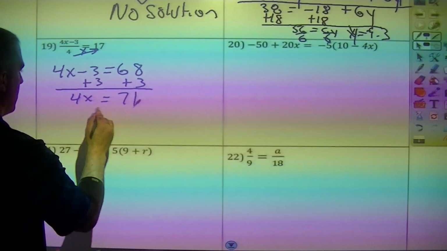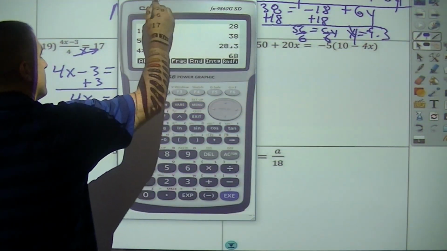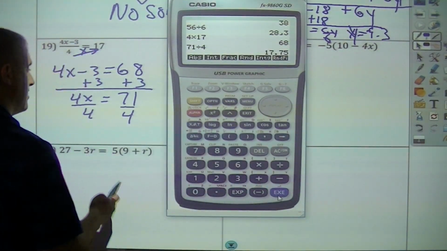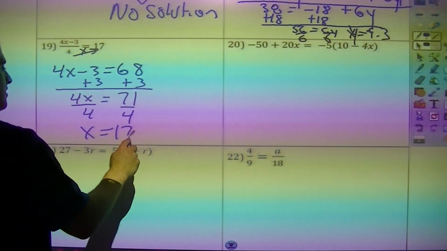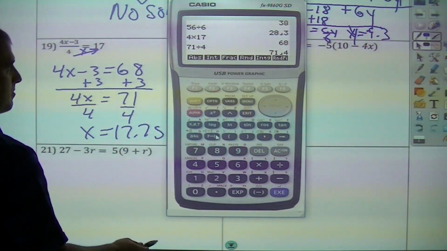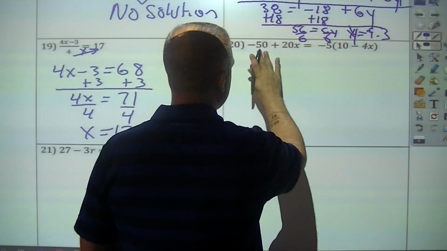That's going to be 71, and I'm going to divide by 4. Whatever number's in front of x is what we divide by. 17.75. If they asked for a fraction, you hit the fraction-decimal button, and it would give you that.